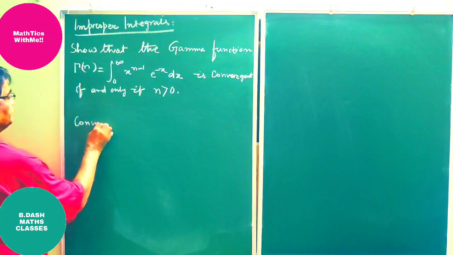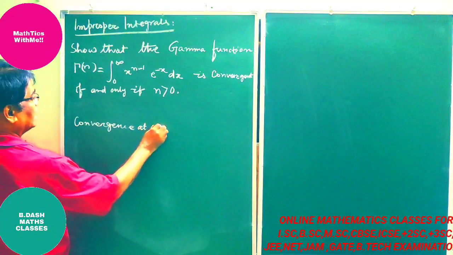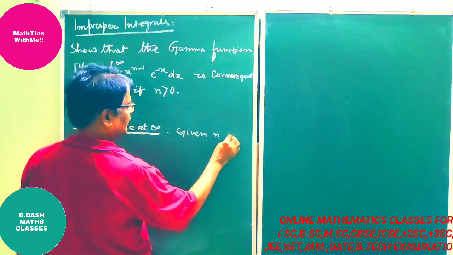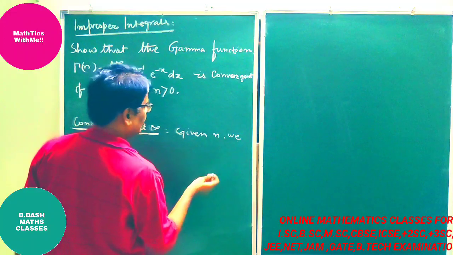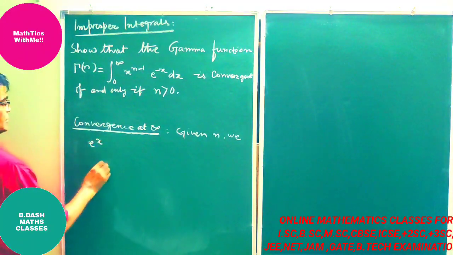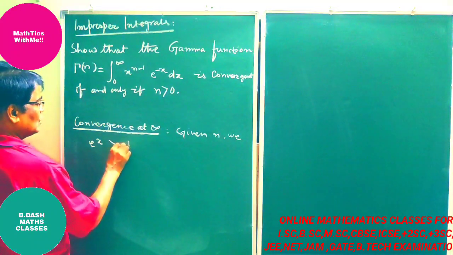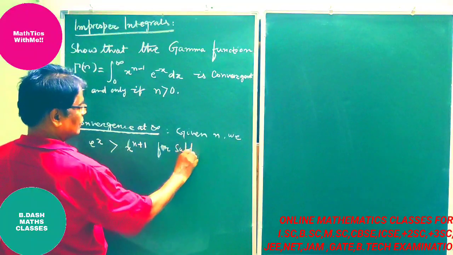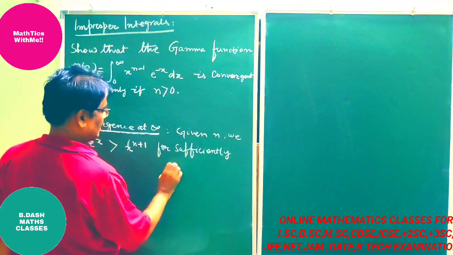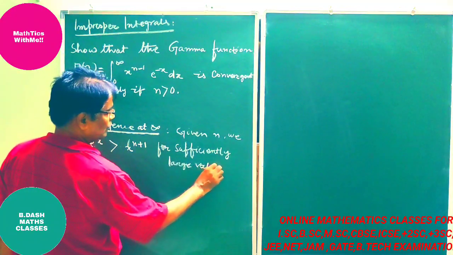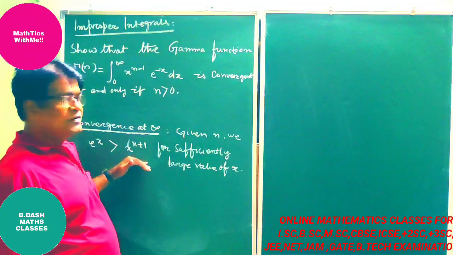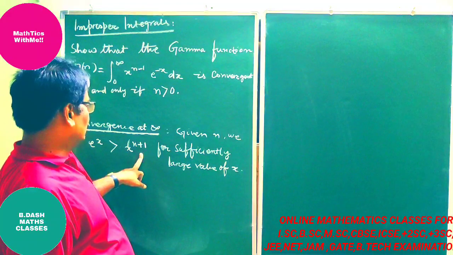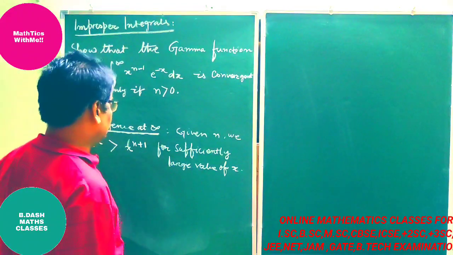Now convergence at infinity. Given n, we have e to the power x greater than x to the power n plus 1 for sufficiently large value of x.